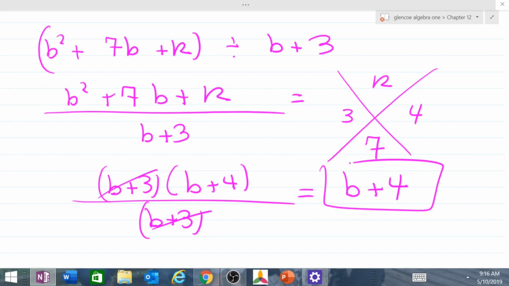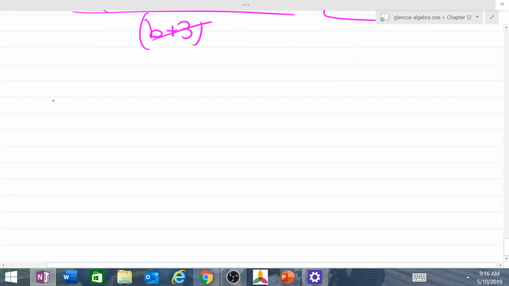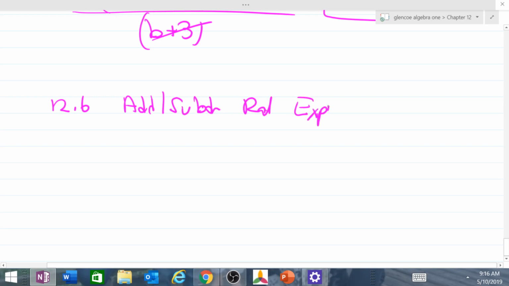And our last section that'll be covered on the test will be 12.6, adding and subtracting rational expressions with like denominators.